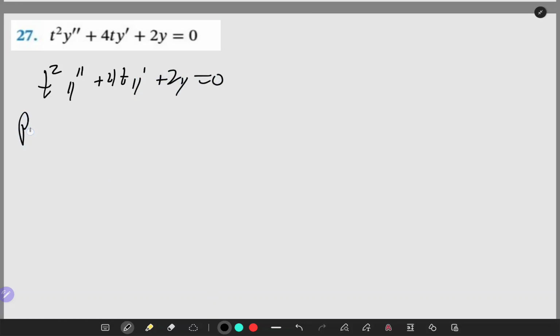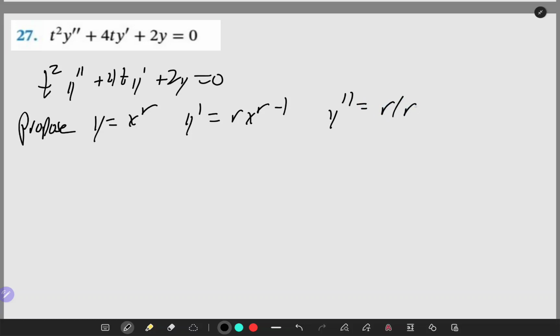Now we're going to propose y is equal to x to the r, so then y prime is equal to r x to the r minus 1. Y double prime would be r times r minus 1 times x to the r minus 1.